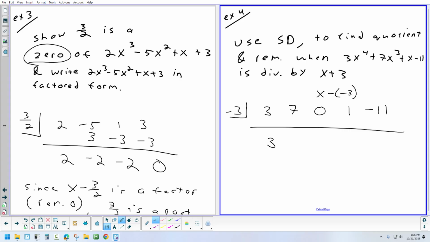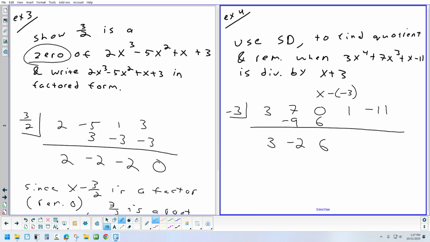What's my next step? Multiply the negative 3 by 3. And what does that give you? Negative 9. And where do you put it? At the top of the line, but below the 7. Now we have a column we can add up to then keep repeating the process. What's 7 plus negative 9? Negative 2. Now multiply those together and get 6. Add 0 and 6.